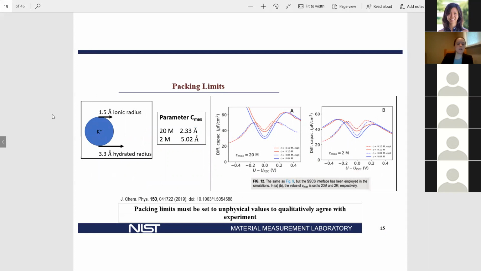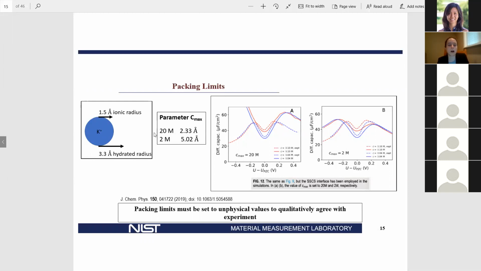In 2019, Mazzari, Andreucci, and Dabo published a paper suggesting that the packing limits were responsible for the capacitive behavior of the silver 100, and I'd like to briefly discuss this in a little more detail. From the literature, one knows that the potassium hydrated radius is 3.3 angstroms, and the ionic radius is 1.5 angstroms.